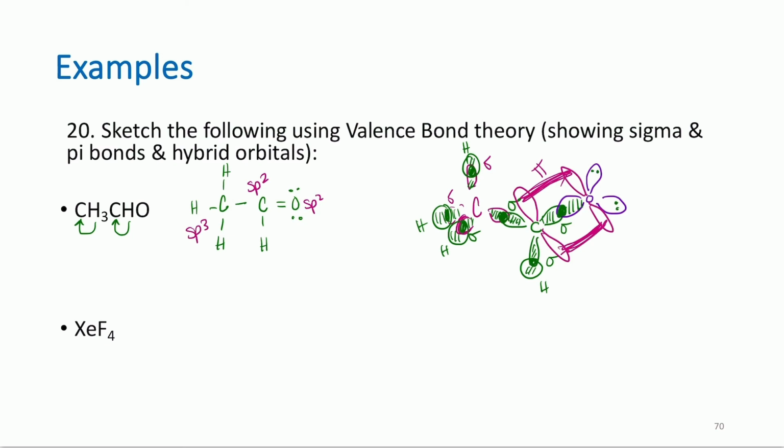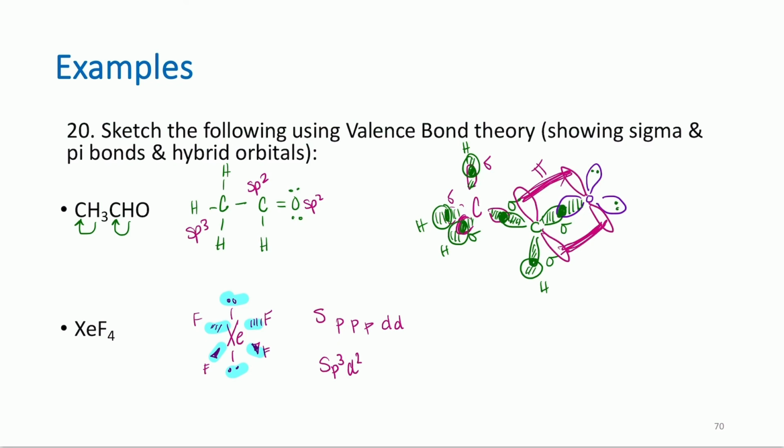And XeF4, we've drawn out XeF4 already in the practice, so if you're not sure why, go back and look at that. But you should find that XeF4 forms a square pyramidal structure. There are 1, 2, 3, 4, 5, 6 areas of electron density, which means I need s, p, p, p, d, d, or sp3d2 hybridized.